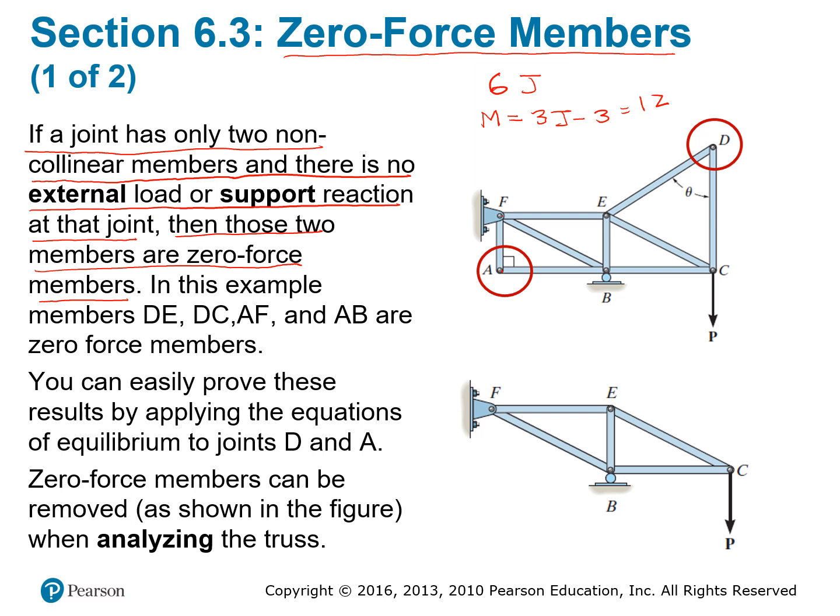Collinear meaning these 2 members are on the same line, like this member right here connected with another member here. This will be a collinear member, so we're not considering this situation.